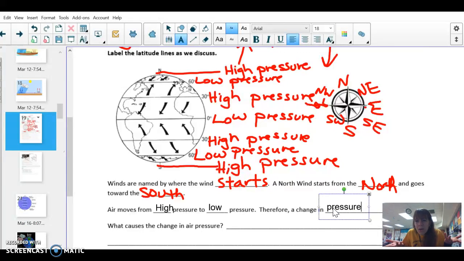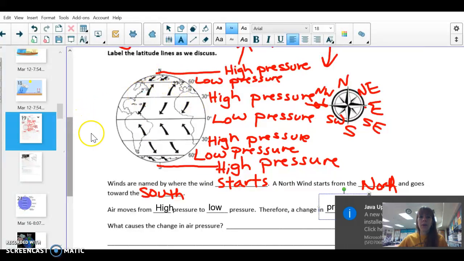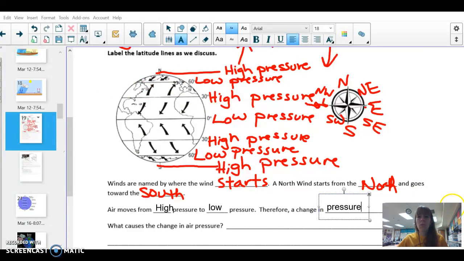But then it's like, well, why do we have a change in air pressure? Why is this low pressure and this is high pressure? Well, let's talk about that first. Why is it that this has lower pressure than this? Well, it has to do with the temperature.